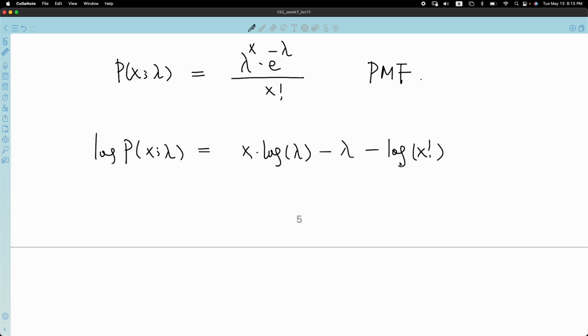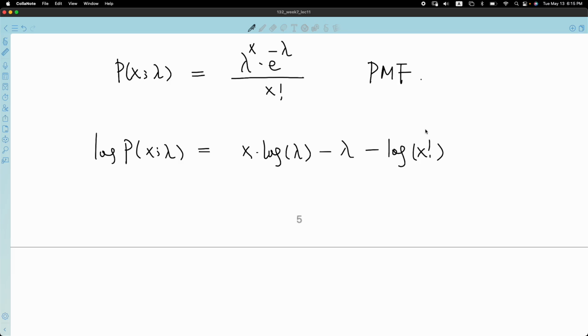Any question regarding this part? Okay, so I'm just taking the log of the product terms, and then you will get the summation here. So x multiplied by log of lambda, plus the log of the exponential of that, so that's why they cancel out. We have negative lambda.